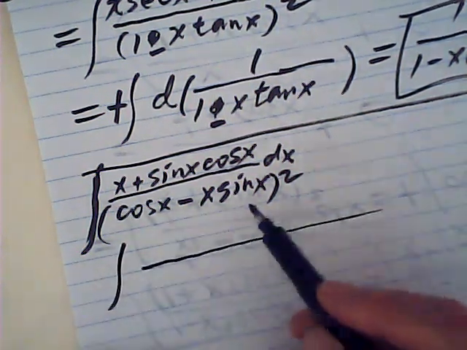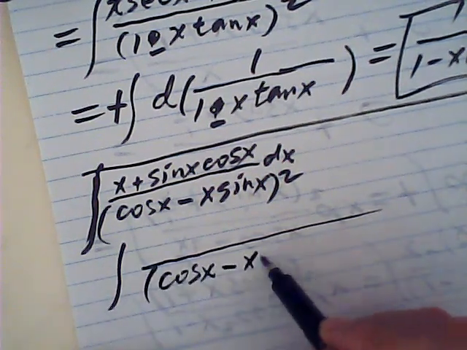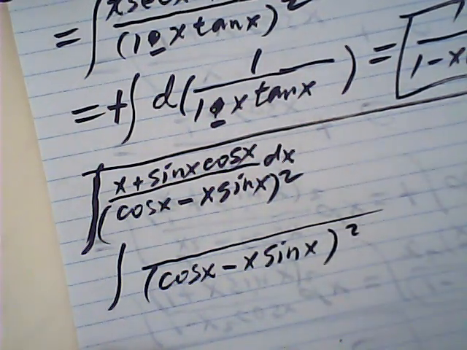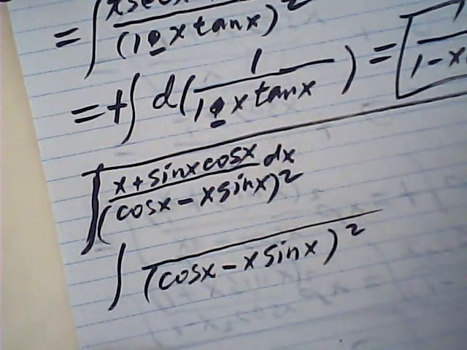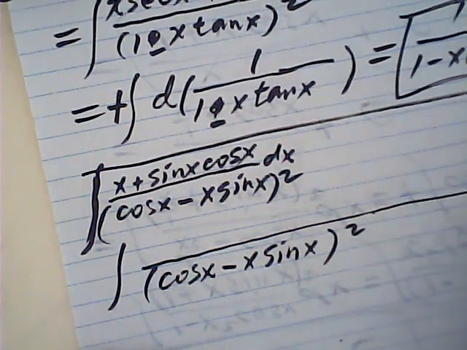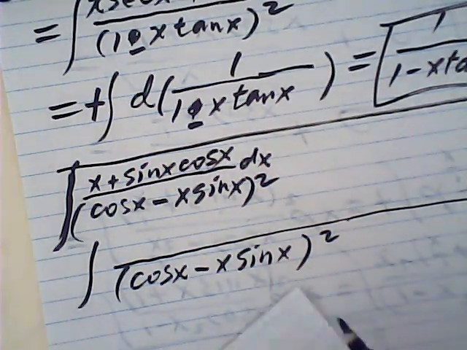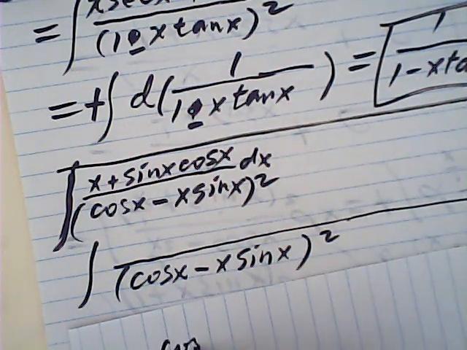So my denominator is cosine x minus x sine x squared, right? I want to have the same thing as denominator, so I must have this.